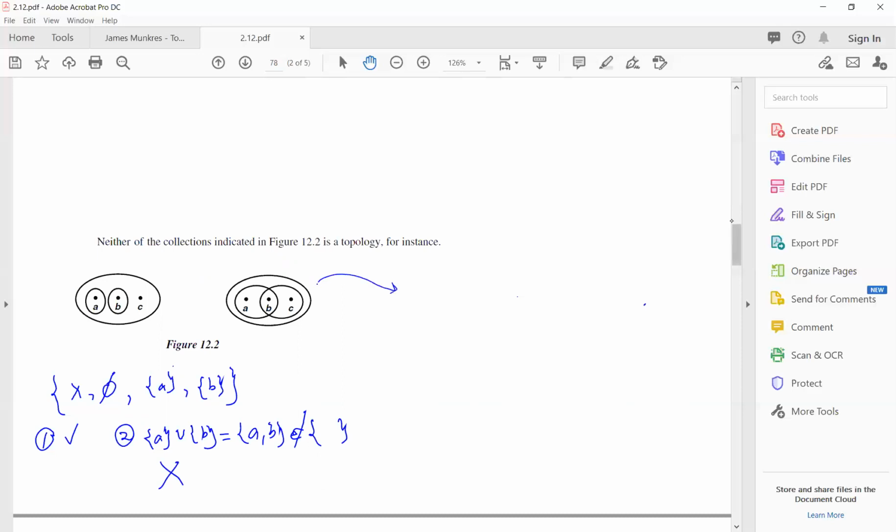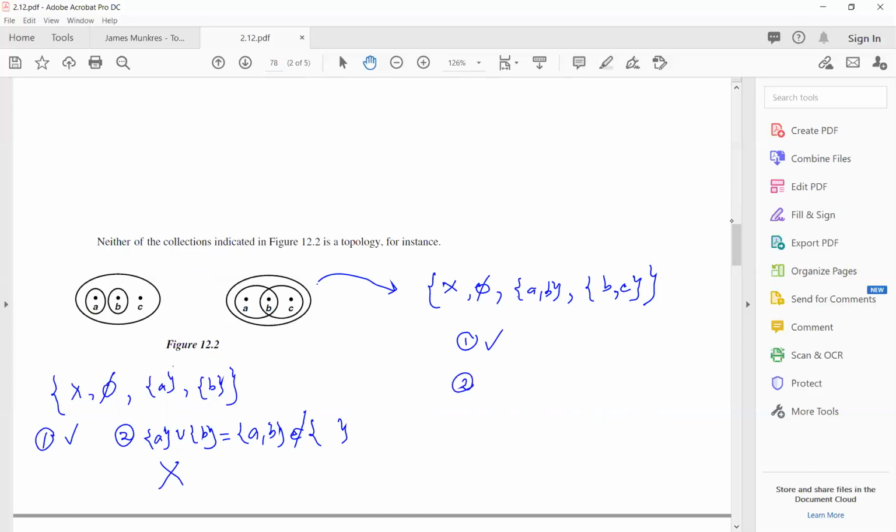Take a look at this figure here. This includes X, empty set, a set including A and B, a set including B and C, and that's it. So the first condition is met. You can see empty set and X, both of them are members of this collection.